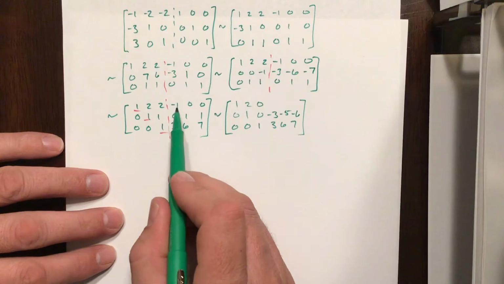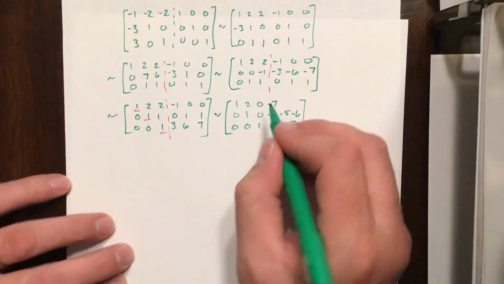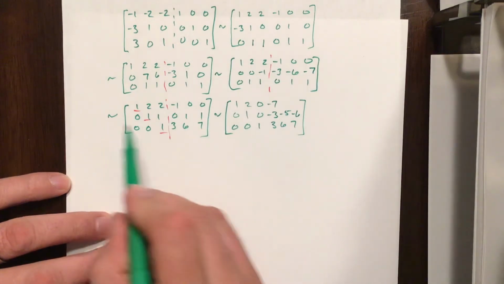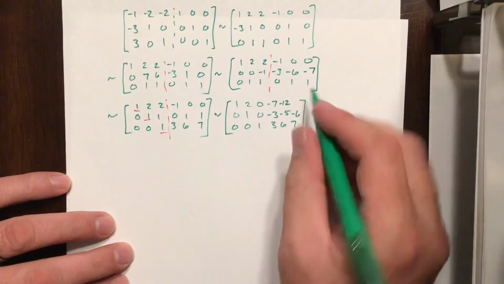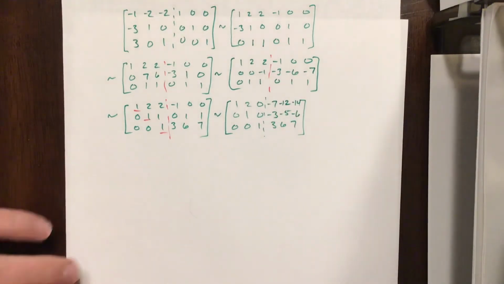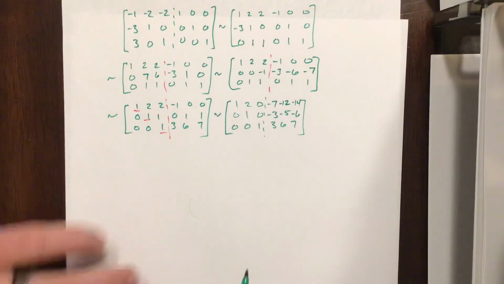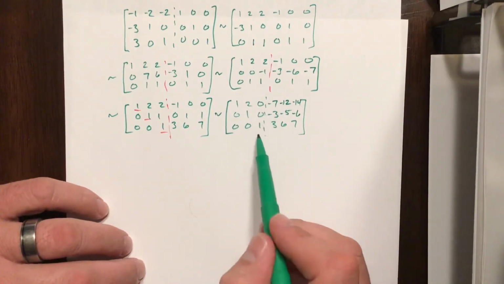So minus 1 minus 6 is minus 7. Then 0 minus 6 times 2, that's negative 12, and 0 minus negative 14. All right, so there are zeros above this pivot.